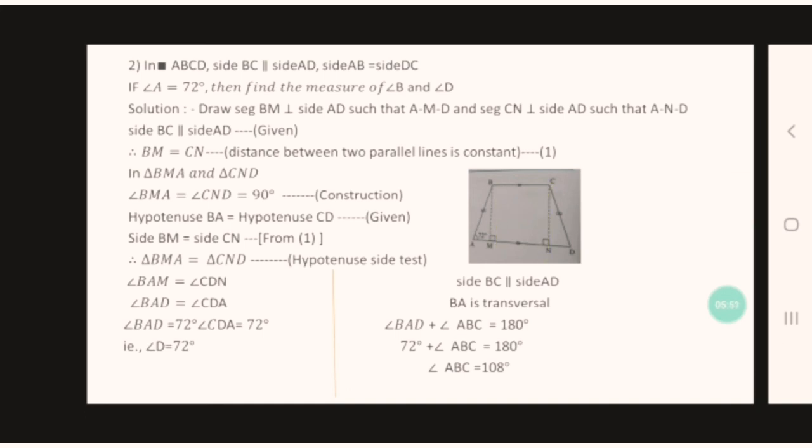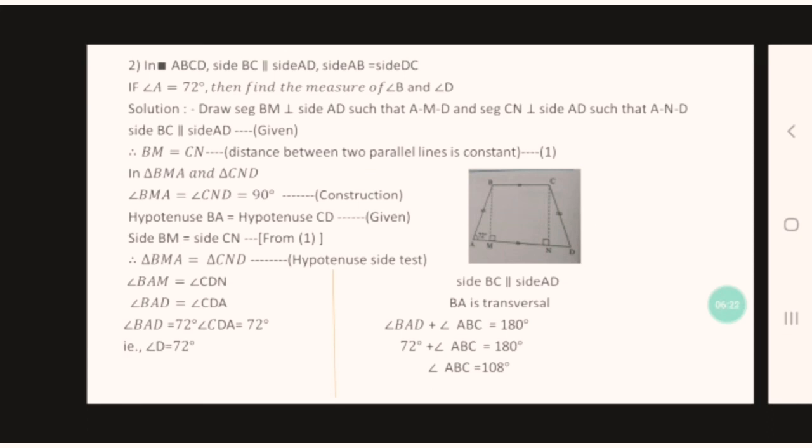We have shown in equation number 1 why it is equal. Okay. So these two triangles are equal to each other by hypotenuse side test. As by hypotenuse side test they are equal. So measure of angle BAD is equal to measure of angle CDA.